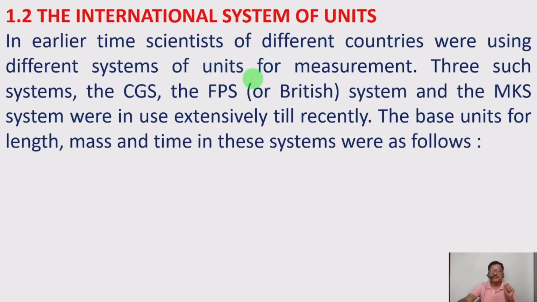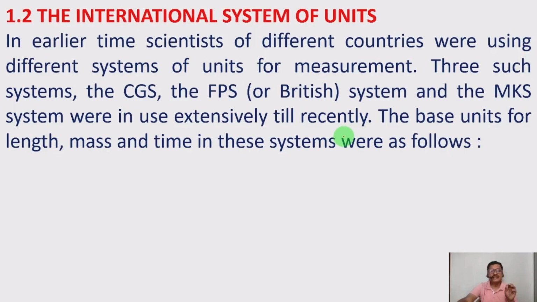In earlier times, scientists of different countries were using different systems of units for measurement. Earlier, the countries were not well connected, and that's why different countries used different units, and a few groups of countries also used those units.